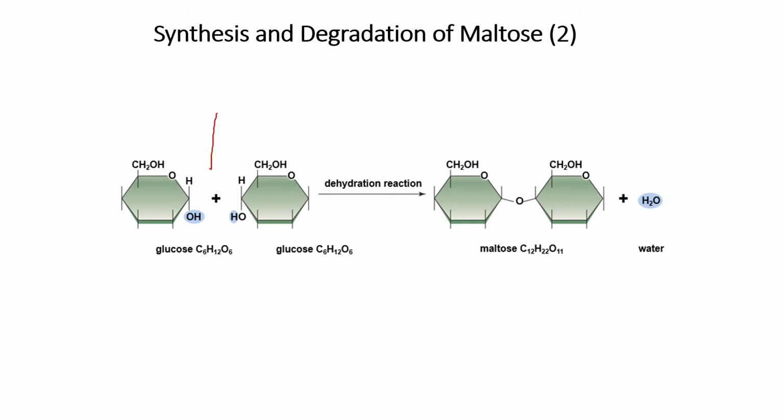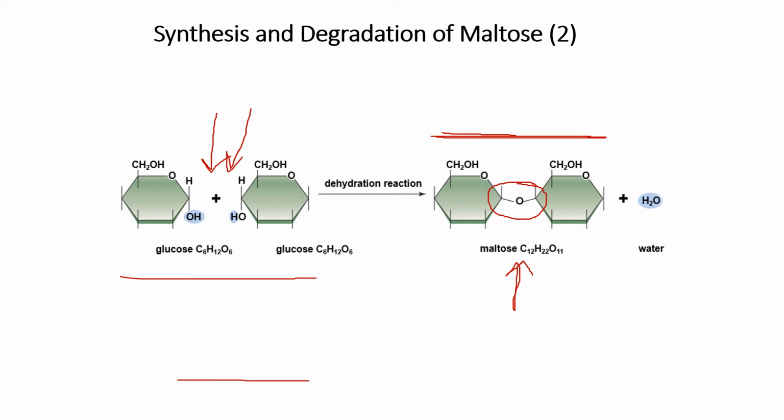So here our monosaccharides are separate. Here they're linked together. So these are 2 monosaccharides, and this is a single disaccharide. And here's the covalent bond that links them together. Notice that is absent over here. So if we're going in this direction, we're doing dehydration synthesis.